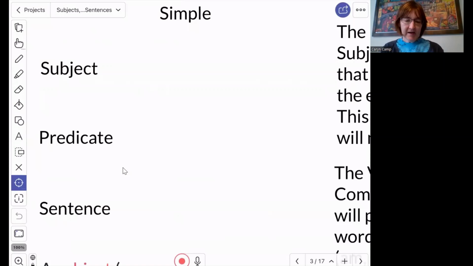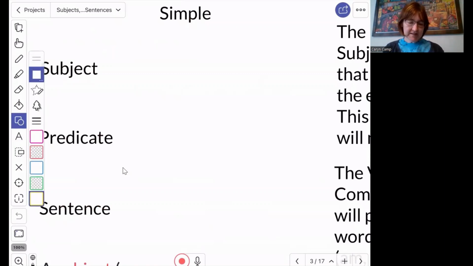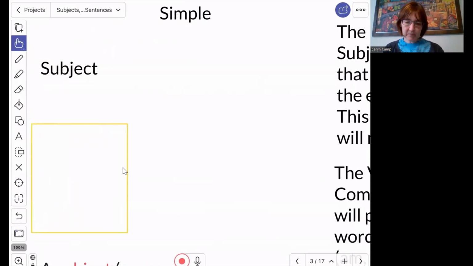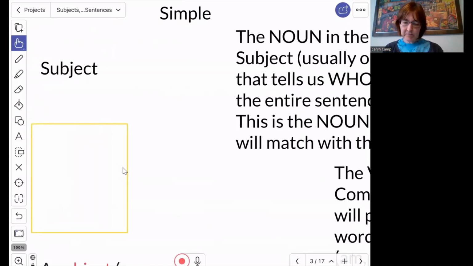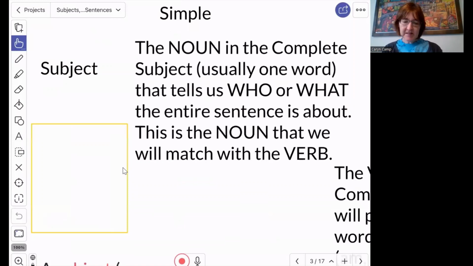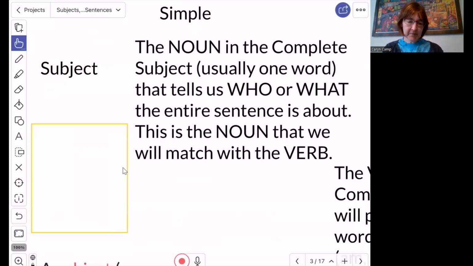Okay, let's talk about how we use the word simple to describe a subject or a predicate or a sentence. First, we're going to look at a simple subject. I will cover these up. Okay, the simple subject. A simple subject.